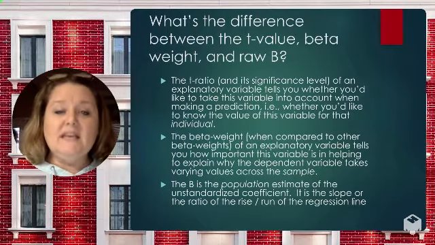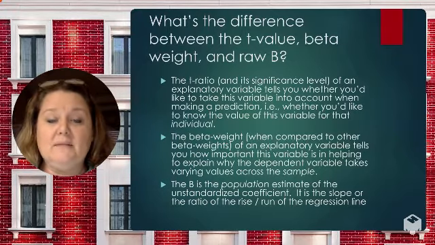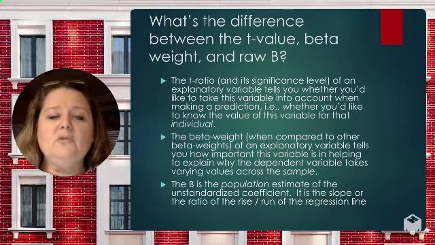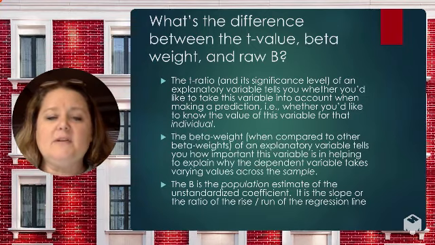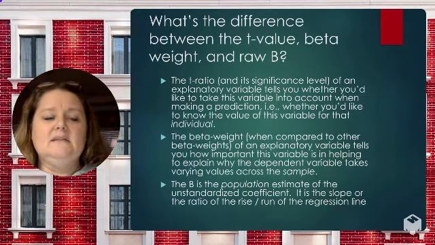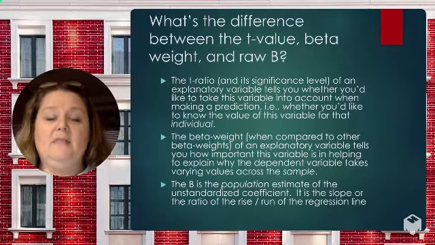Okay, so the T ratio and its associated p-value is telling you whether you'd like to take this variable into account when you're making a prediction, whether you'd like to know the value of this variable for an individual. And it's going to tell you whether that predictor variable, so it's going to be in a line of data, is significantly different than random.